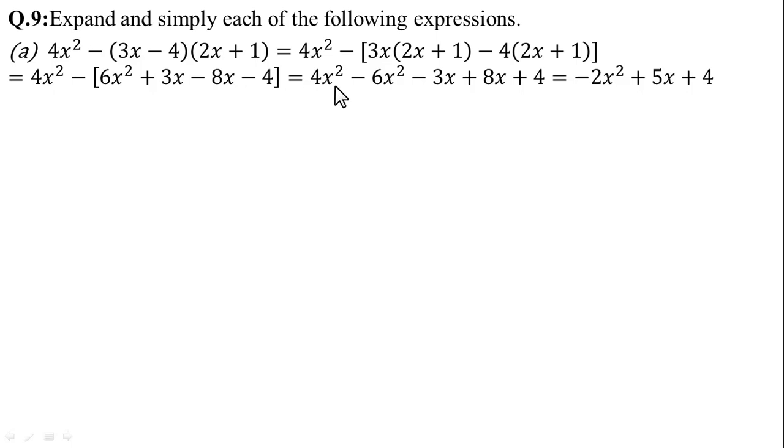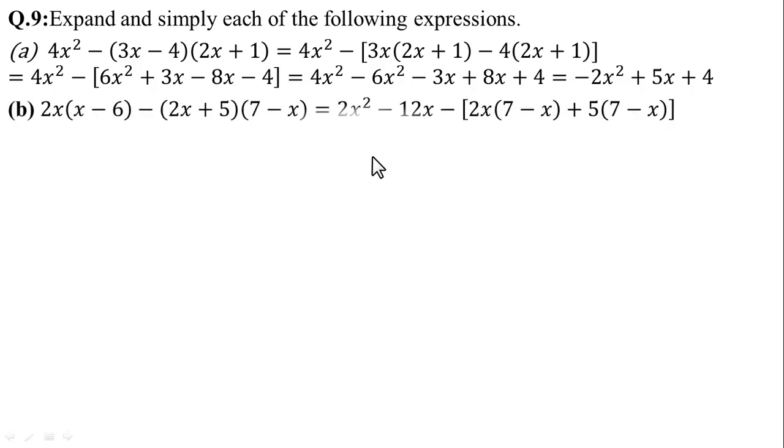The answer is 4x square minus 6x square minus 3x plus 8x plus 4. Now adding the values: 4x square minus 6x square is minus 2x square, and 8x minus 3x is plus 5x, plus 4. So the final answer after simplifying part A is minus 2x square plus 5x plus 4.